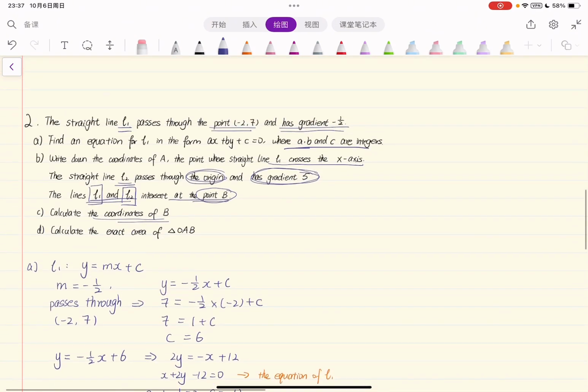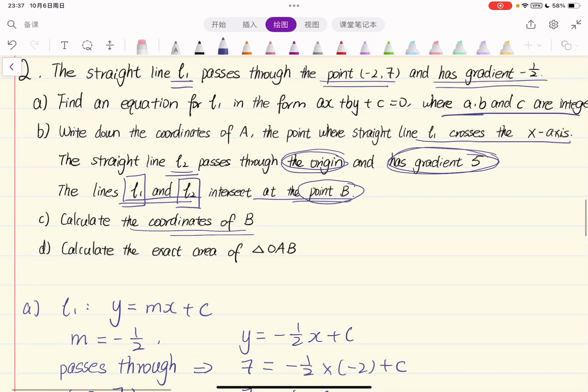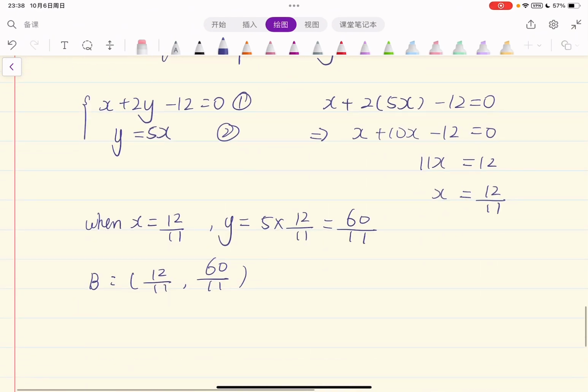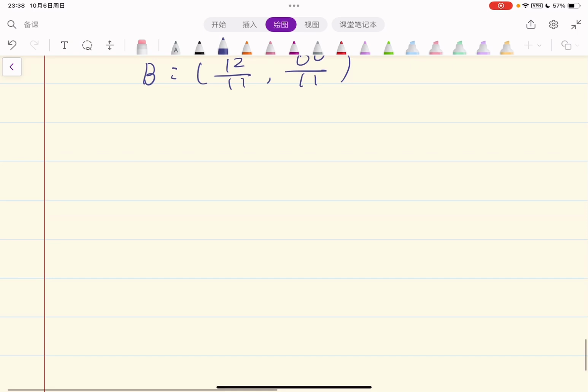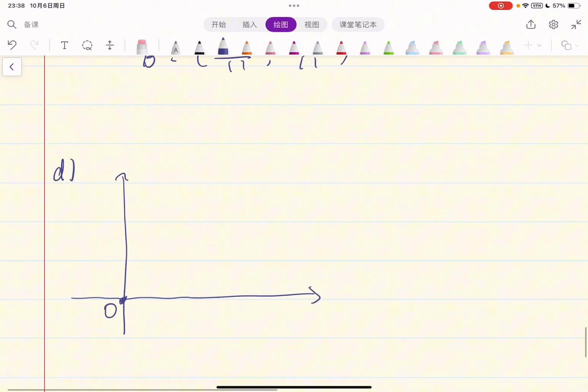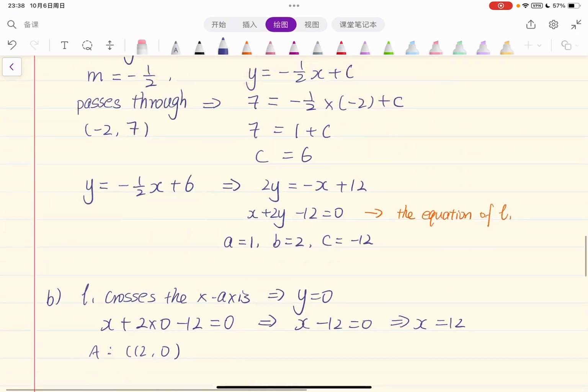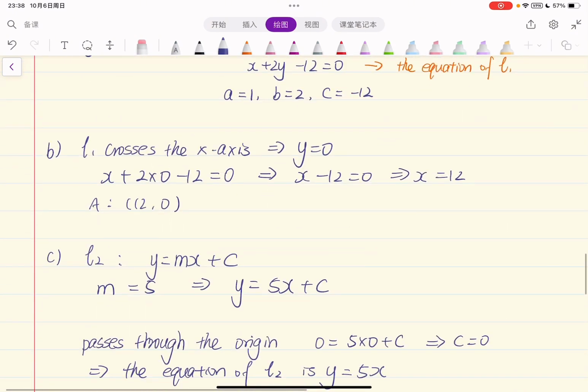Now look at the part D question. Part D asks you to calculate the exact area of triangle OAB. Now what we can do is sketch a triangle OAB. We have the origin, that is O, and we know the point A has the coordinates (12, 0).